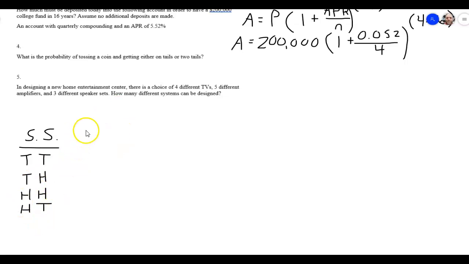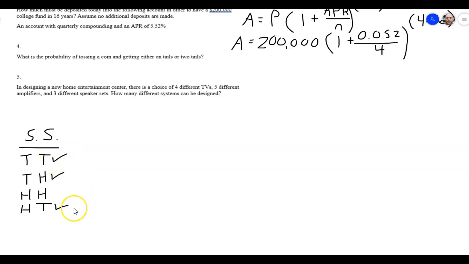So the next thing I want to do is see how many are listed here. Well, it says either one tail, right? So if it's one tail, this one includes just one tail, and this one includes just one tail. And the other one, or two tails, and this one includes two tails.